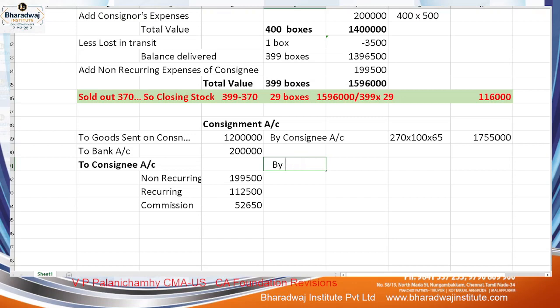By abnormal loss, or you can call it loss in transit also. Abnormal loss, what is the value? 3,500. Closing stock, what is the value? 15,96,000.